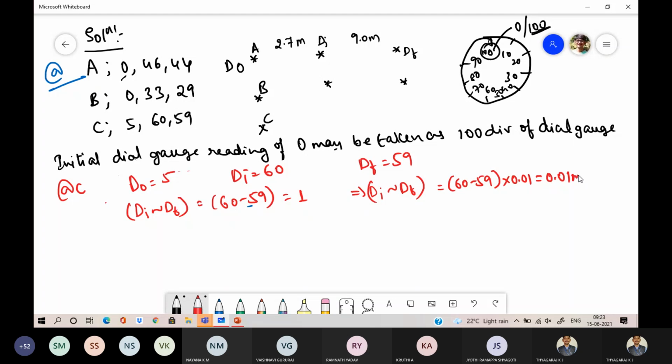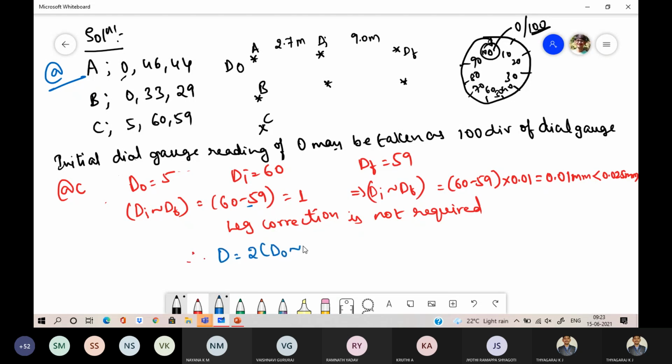Since it is less than 0.025 mm, you have to mention leg correction is not required. Therefore, D is equal to 2 into D naught minus DF, which is equal to 2 into, what is the formula?